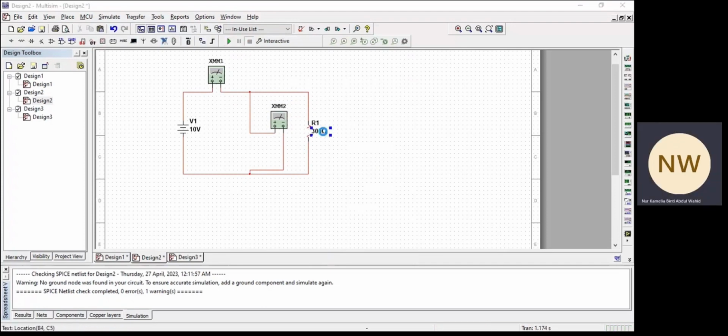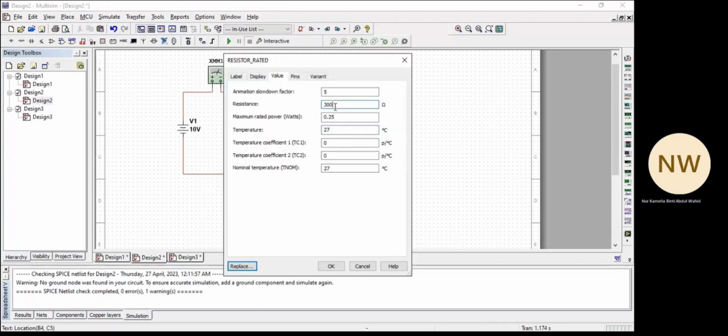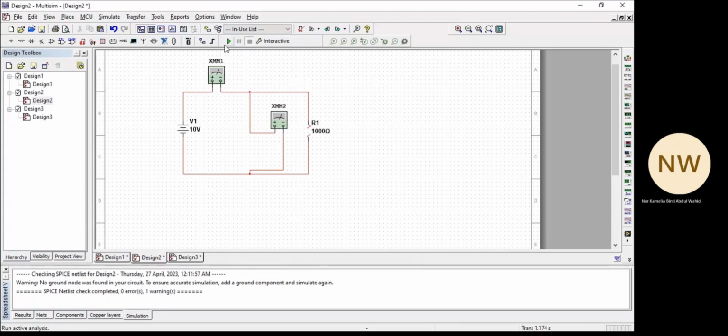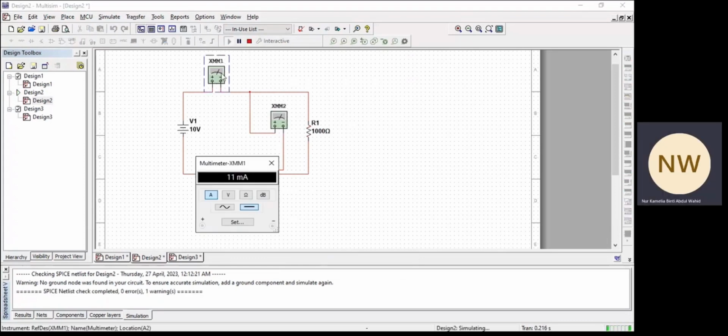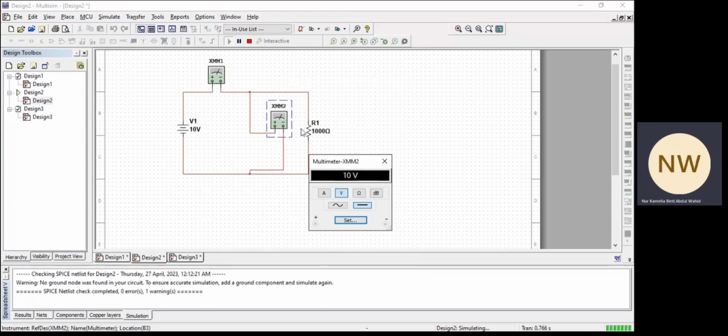And the last one is 1000 ohm. The value of the ammeter is 11 milliampere, and the voltage is still the same, which is 10 volt.